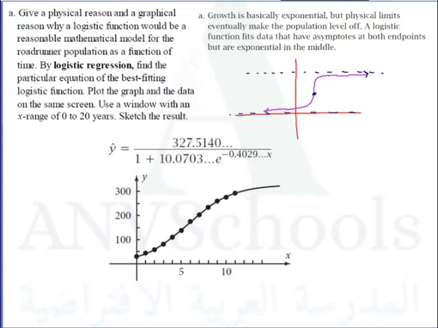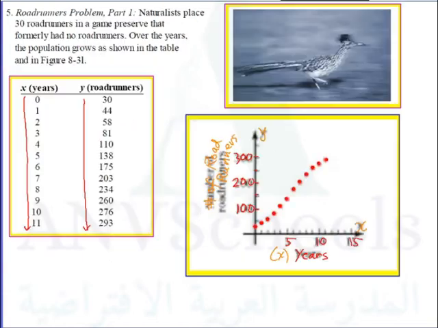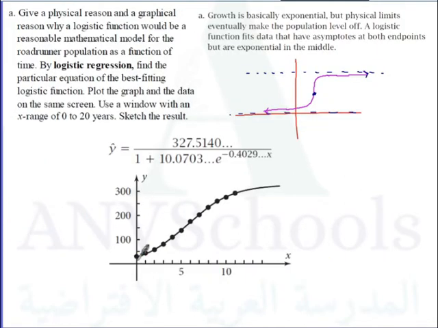And if we plot the graph with the data on the same screen, we will get the same plot as this one. So using the grapher, we could get this plot here. Okay? So remember, our logistic regression is this.